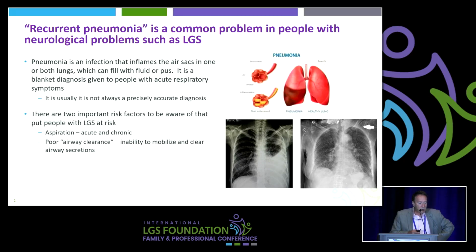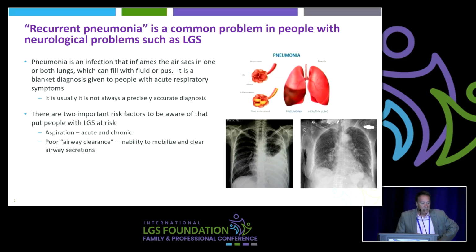There are two important risk factors to be aware of that put people with LGS at risk. One of them is aspiration in general, but we're going to talk not just about acute aspiration, but also chronic, low-grade aspiration.